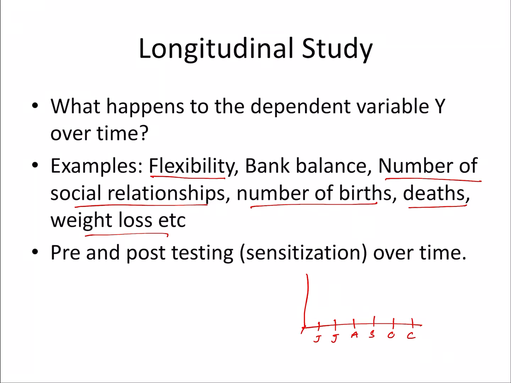You had them take a test prior to employment, let's say that was in May, and this is an ageism score, and this is all hypothetical. It looks something like this. So a longitudinal study can be used to look at pre and post testing or some sensitization over a period of time.